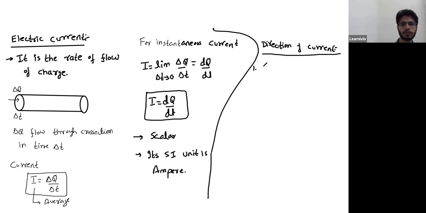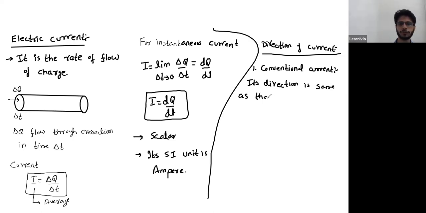The first one is conventional current. The direction of conventional current is the same as that of motion of positive charge.